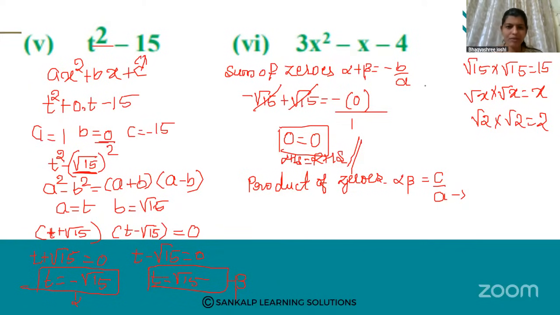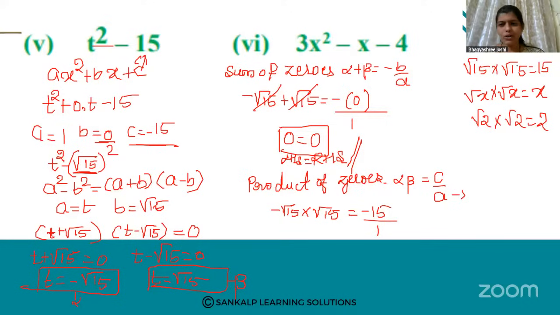Now, alpha value is minus root 15. Beta value is plus root 15, is equal to, what is the value of c? c value is minus 15, right? Minus 15 divided by a value is 1.